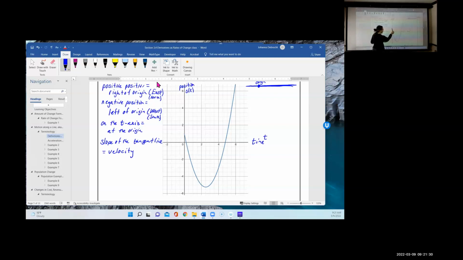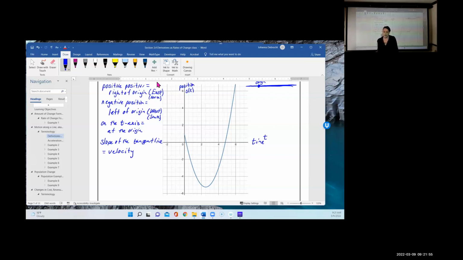You can tell that on the first part of the graph, from t equals 0 to about t equals 2.5, something like that, it looks like the slope is negative. So since the slope is negative, that means that the velocity is negative.